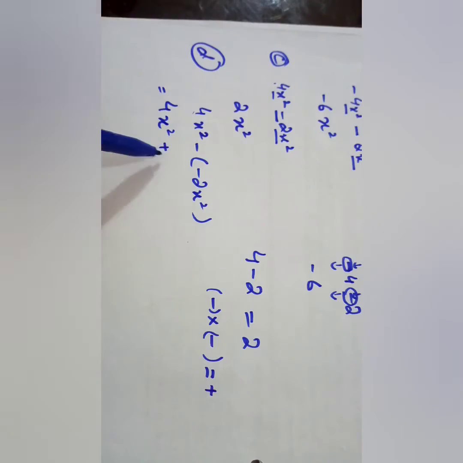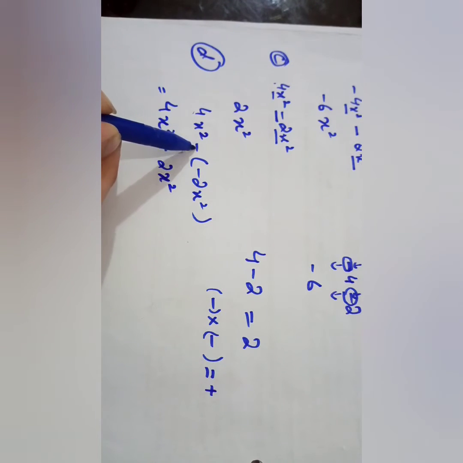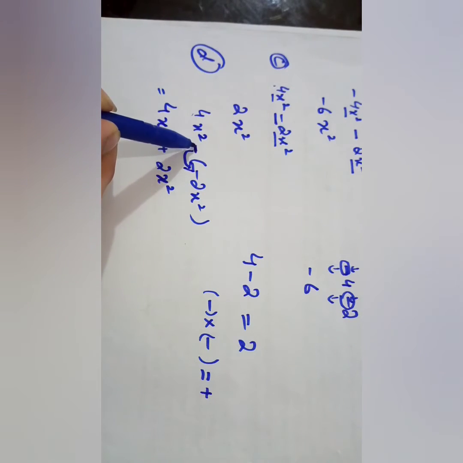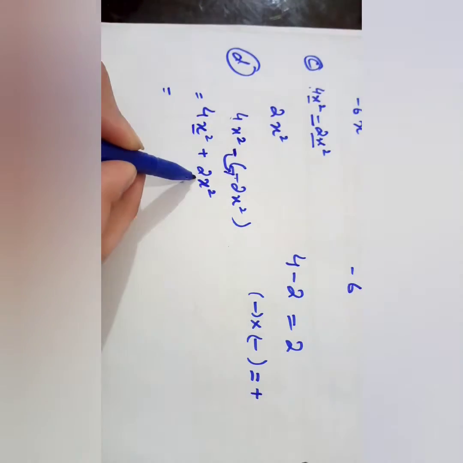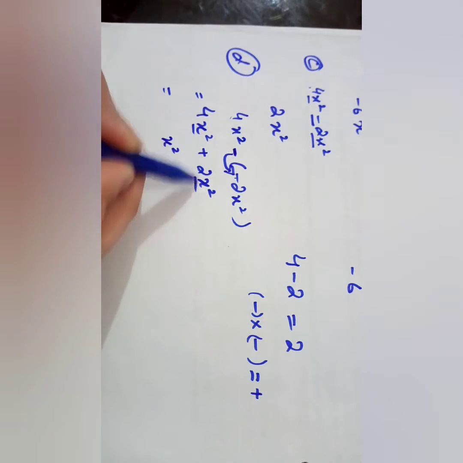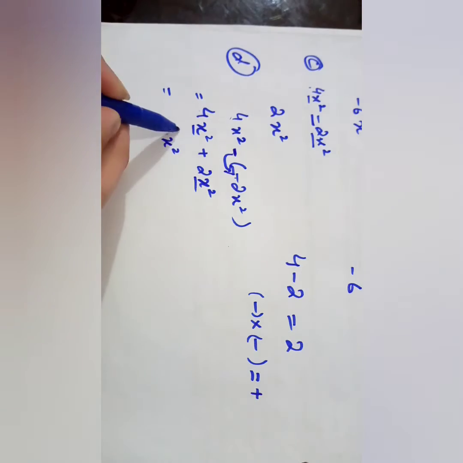So minus minus plus 2x squared. Or rather, you can also take the concept that whenever there is a minus sign outside the bracket, the inner sign will be changed. So we have a minus sign outside the bracket, so inner sign is minus, so it will become plus. Now we will add these two terms. As the variable is x squared, both the terms having the same variable with same power, so add their coefficients. 4 plus 2, 6.